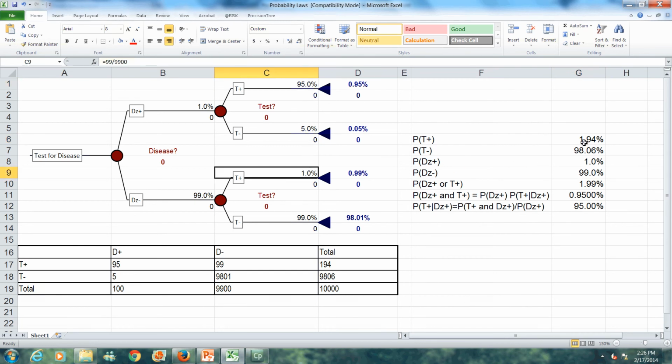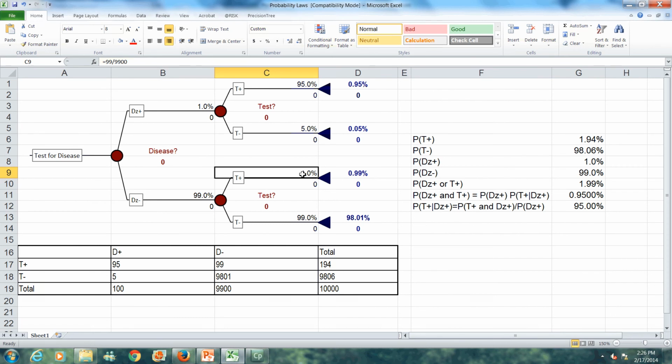Neither one of them is 1.94%. So if you didn't know these rules and you put 1.94% in here and 1.94% in here, you would get wrong answers and nonsensical results, and that clearly would not lead to good decision making.